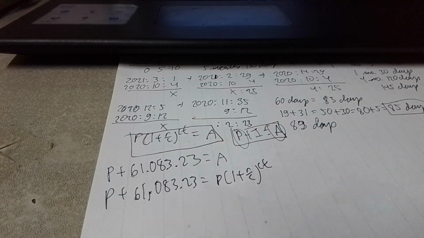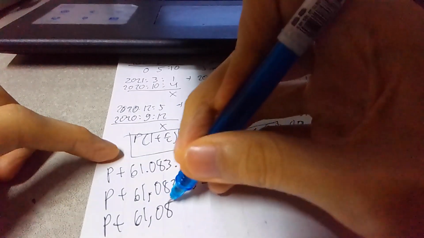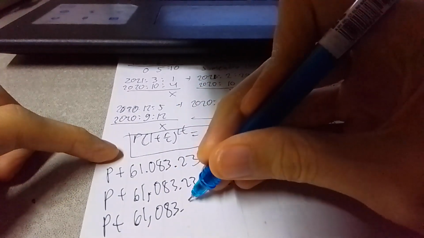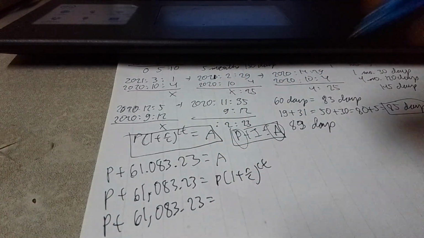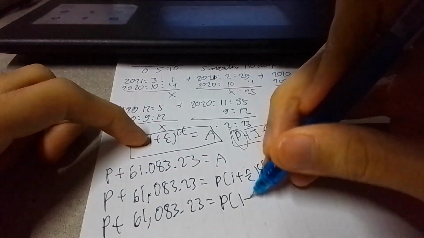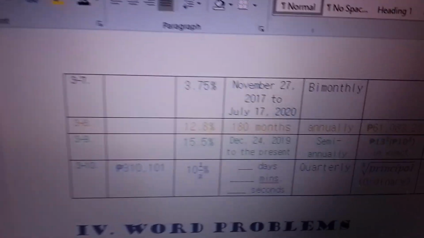Remember, we do not know what the value of P is. Per I, we already know it's 61,083.23 pesos, and it's equivalent to P times (1 plus R divided by C). What is R? The R is 12.8%.